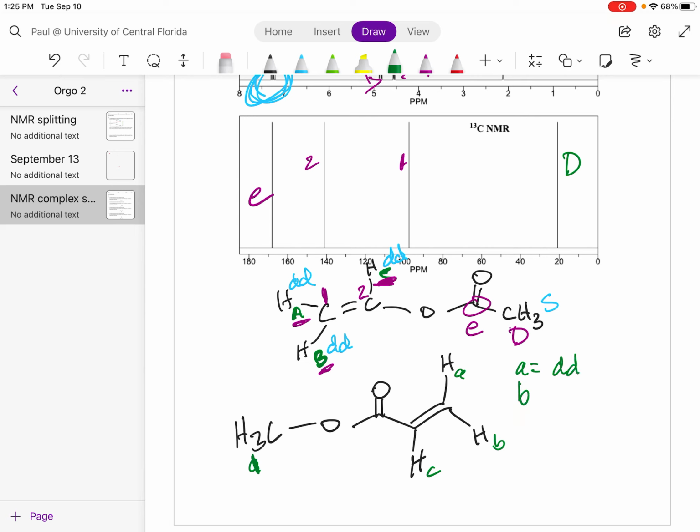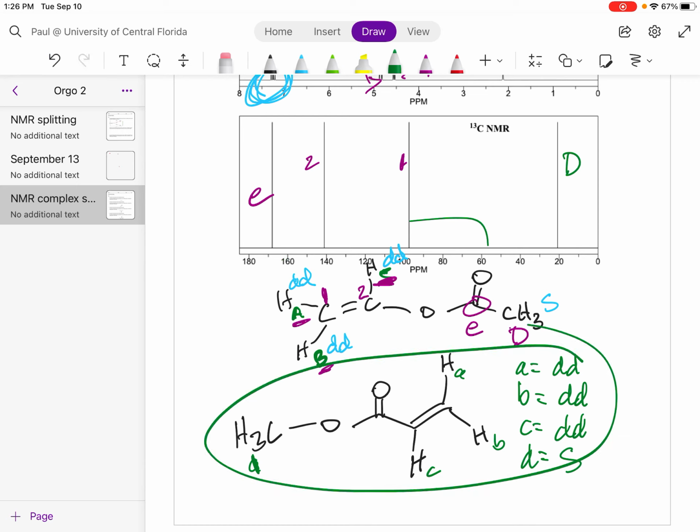Doublet of a doublet, doublet of a doublet, doublet of a doublet, doublet of a doublet. Wait, D? That would be a singlet. That matches everything, doesn't it? So how do I know that the structure I proposed right here is correct and this one's not?